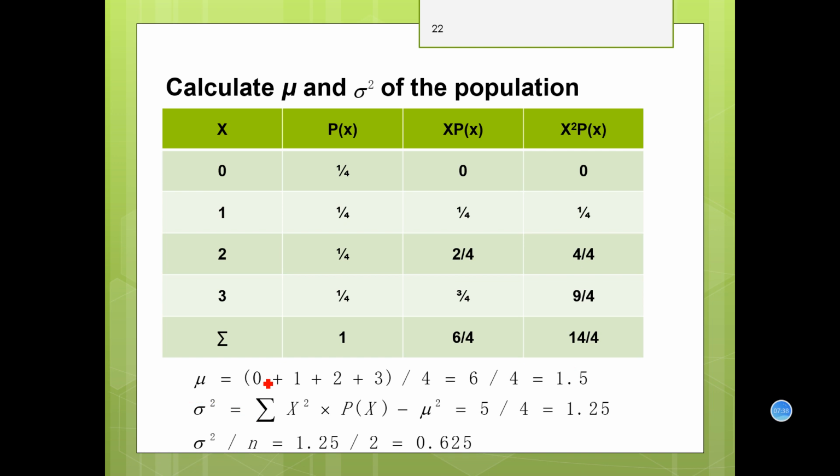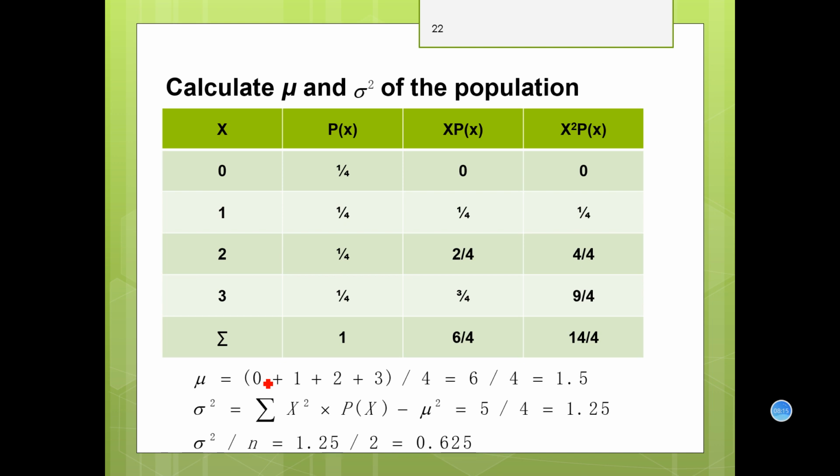if we have 4 numbers in a population, we use x to represent any number of the population, and x can be equal to 0, 1, 2, or 3. When we choose 2 numbers from the population, we consider these 2 numbers as a sample, and then we can calculate the sample mean x bar.